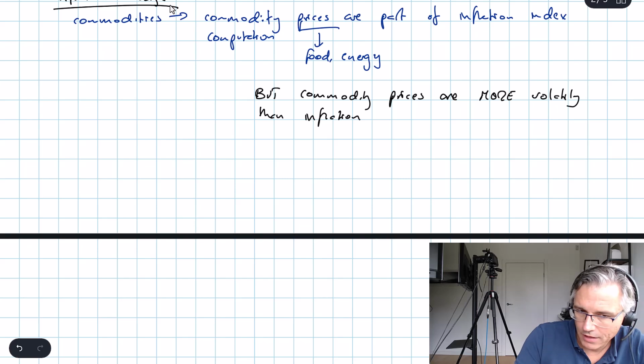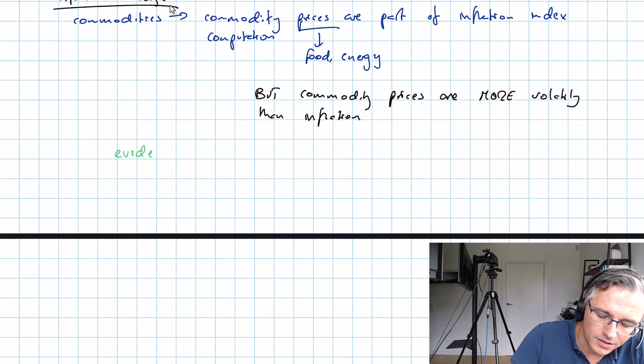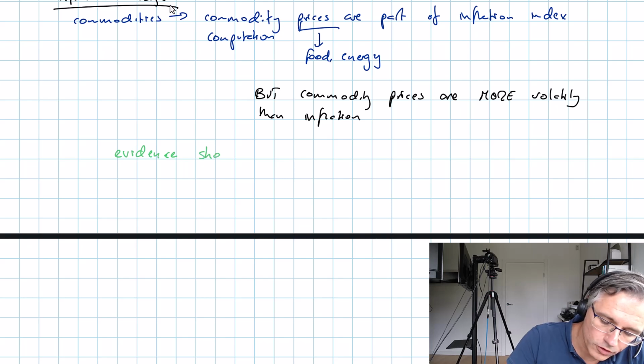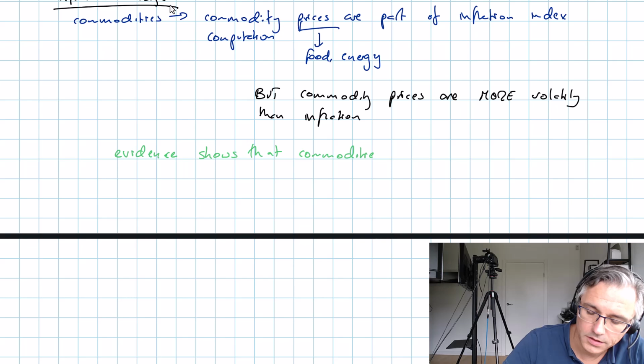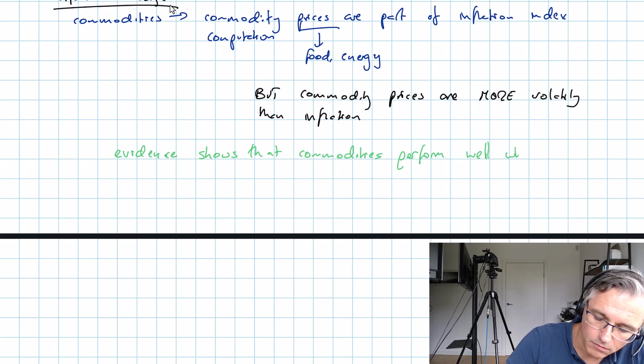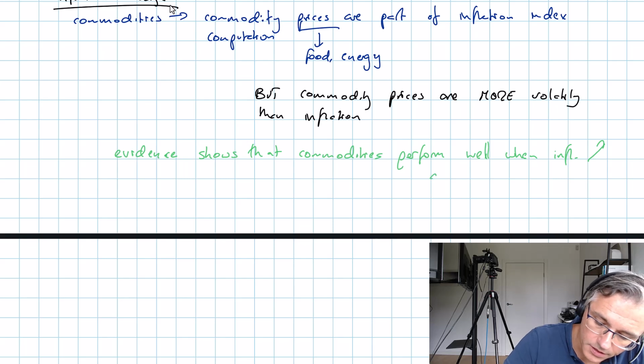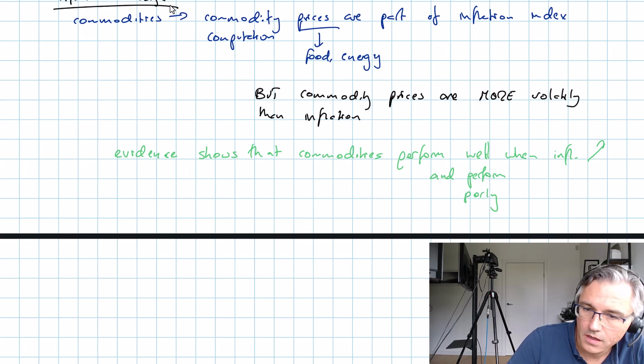But having said this, you should know that there is evidence, which your curriculum references, which shows that commodities do indeed perform well when inflation is up, and definitely perform worse when inflation is falling.